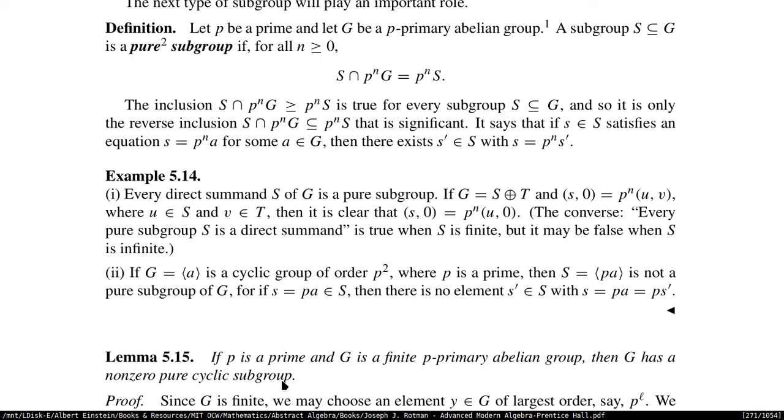Now, if you look at the definition of p-primary components, it consists of elements of G that vanish when multiplied by p to the n, right? So the goal here with this pure subgroup is that somehow, if we can use this p to the n G and make it vanish, then it might be of use. Maybe that's the idea. We'll see that as we go forward.